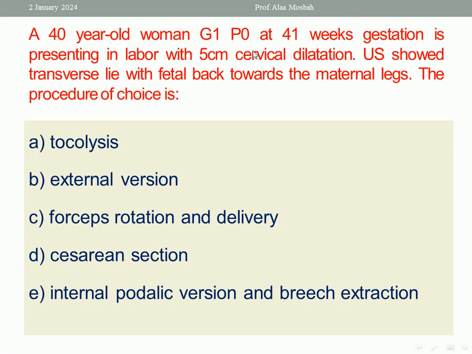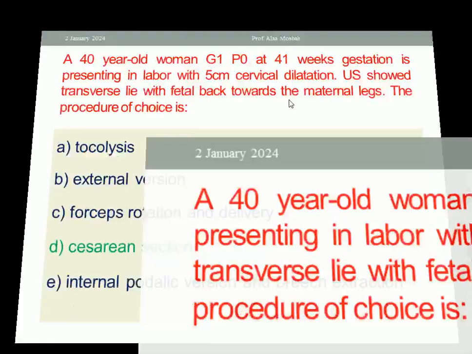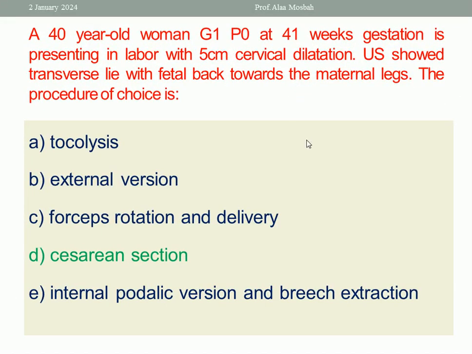Okay, everybody? The one best response here is cesarean section. D. Cesarean section. She is an elderly prima gravida first. She is 41 weeks gestational age. She is in labor with 5 centimeter dilatation, so I can't do internal podalic version and breech extraction because the cervix is not fully dilated. Okay?